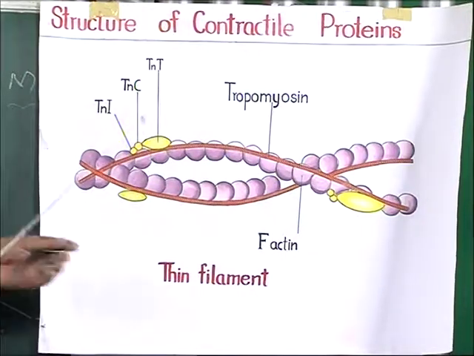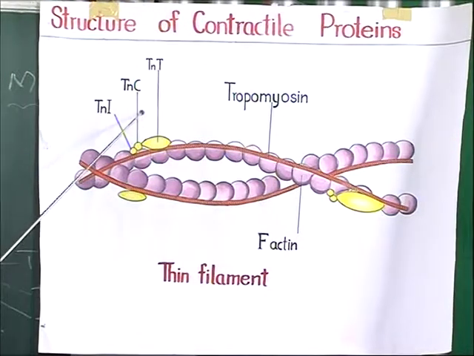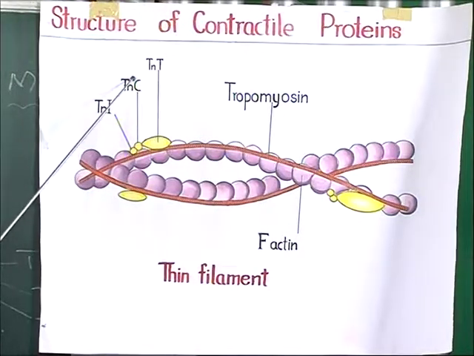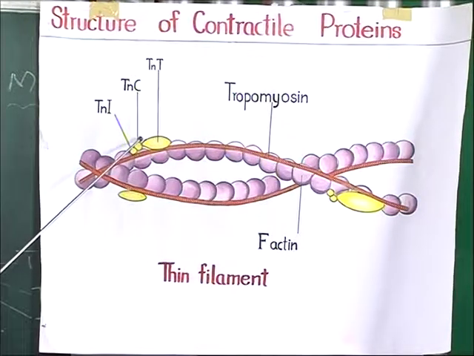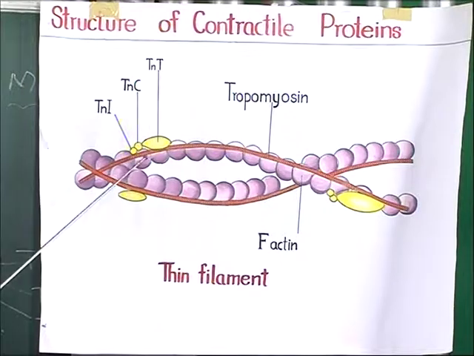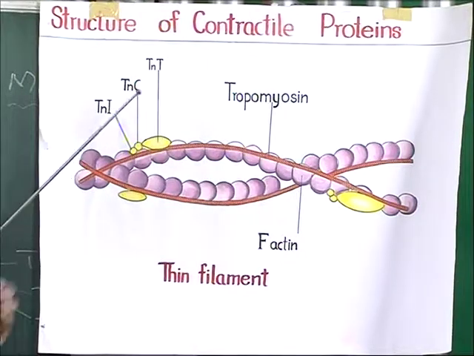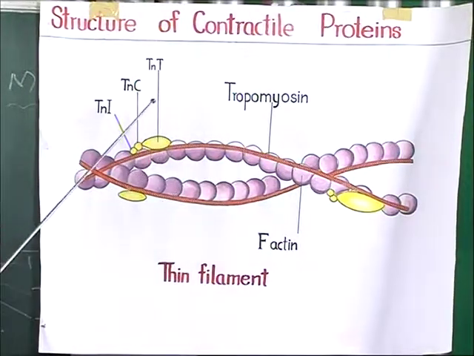So when the calcium ions are attached to this TNC of the troponin, it changes. When the calcium ions are not attached to this TNC of the troponin, it stabilizes the tropomyosin.